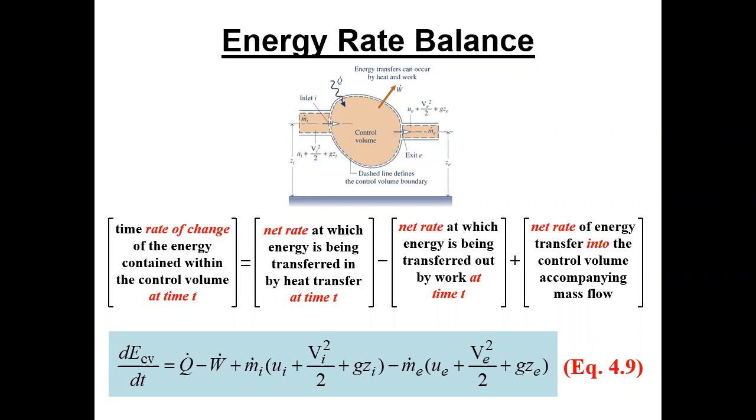Then we're showing just one inlet, so we have M dot I, the mass flow rate, in kilograms per second, pounds per hour, whatever units of time you like, multiplied by the total energy coming in: internal, kinetic, and potential energy. And then the same thing on the exit, times the exit mass flow rate.